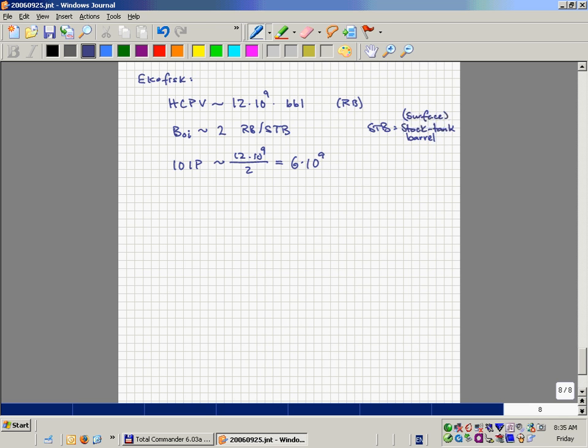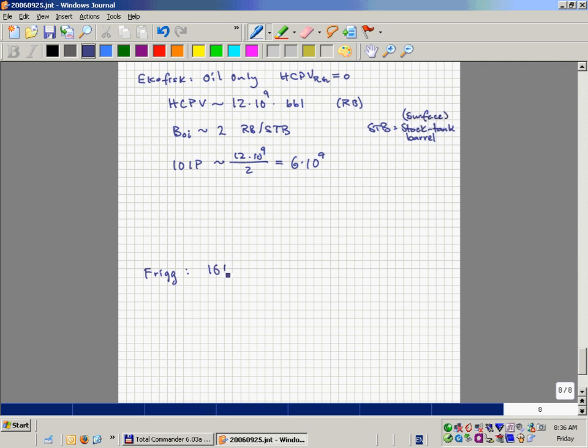But the problem with what I'm trying to get at is that Frigg, which is the first large gas field in Norway, is gas only. This is oil only. So the hydrocarbon pore volume of reservoir gas here is 0. And here, I'm going to make some guesses.